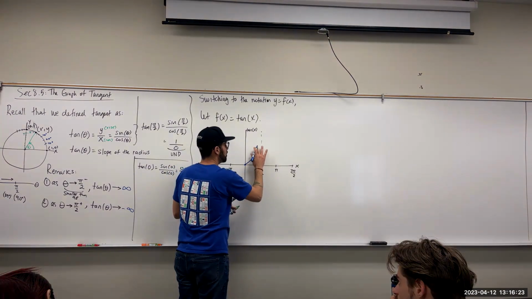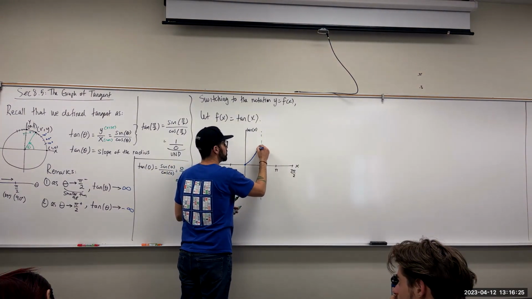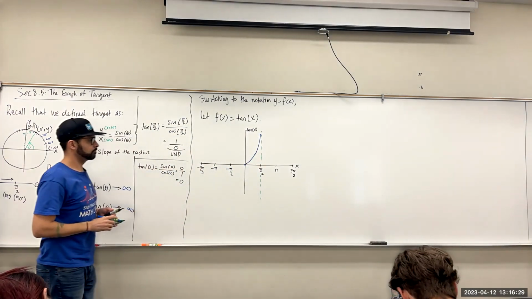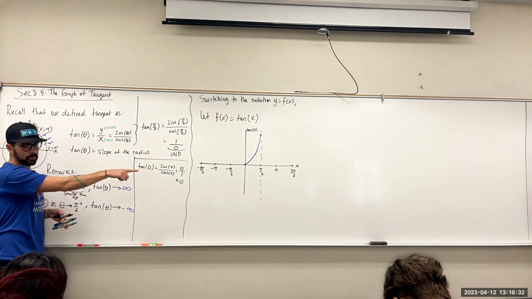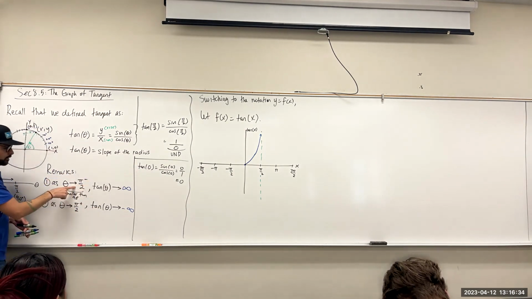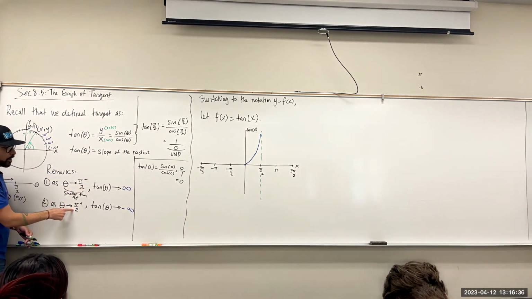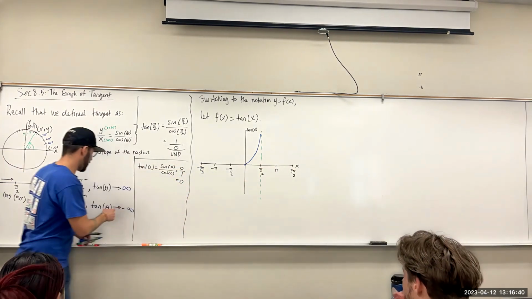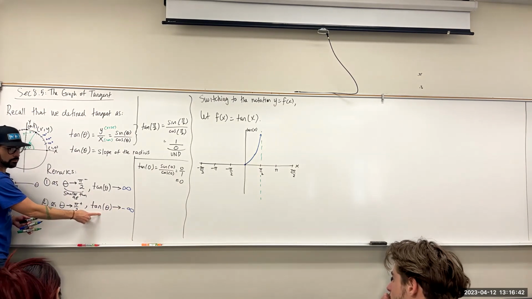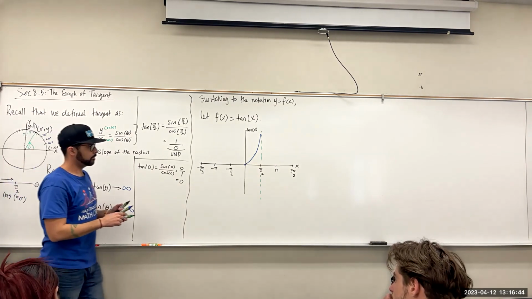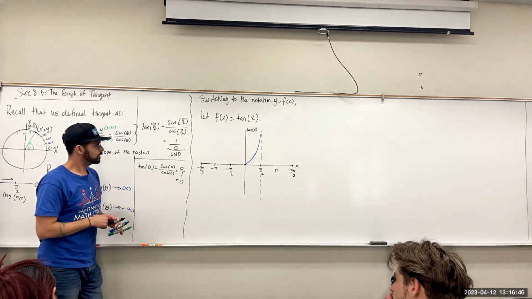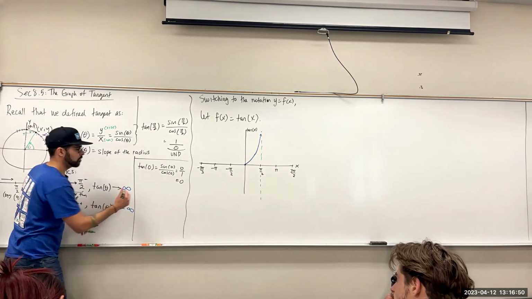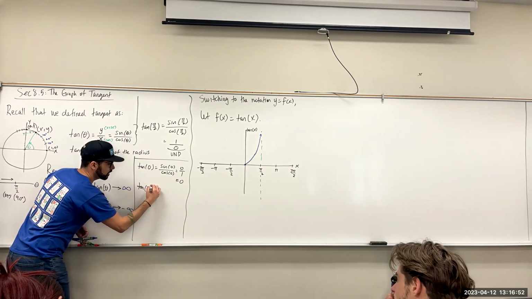And that's because the tangent values just keep getting larger and larger as you approach it from the left. Now, as you approach pi over 2 from the right, we saw that tangent is going to be approaching negative infinity. Okay. What about at pi? What would be tangent of pi here? Let's see.